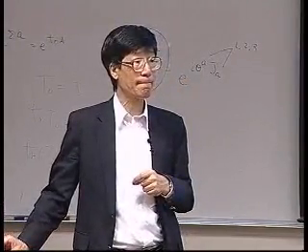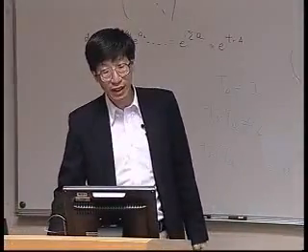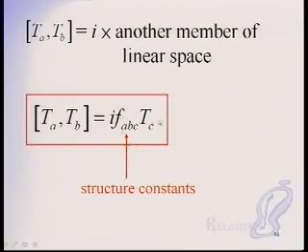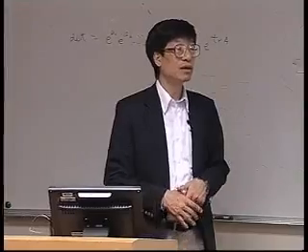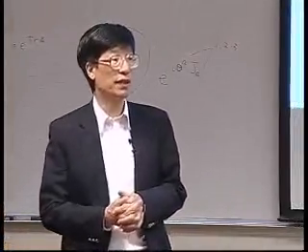If it's another Hermitian matrix, it can be written as a sum over the basis matrices T C. So the commutator of T A, T B is a linear combination, i times T C, and these coefficients are called f A B C, sum over C implied. These are called the structure constants of the Lie group.